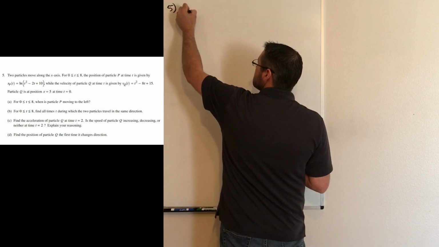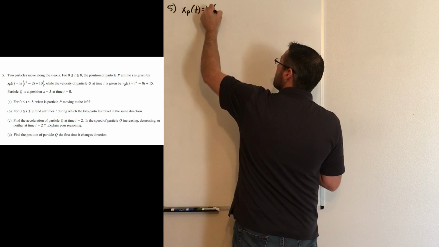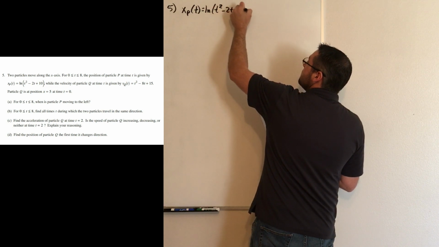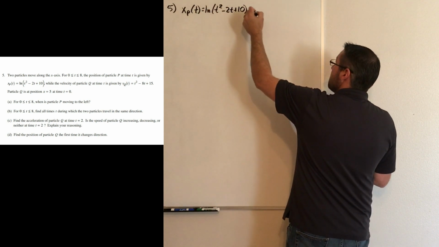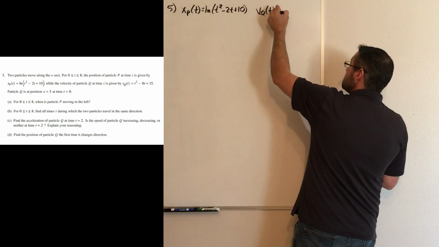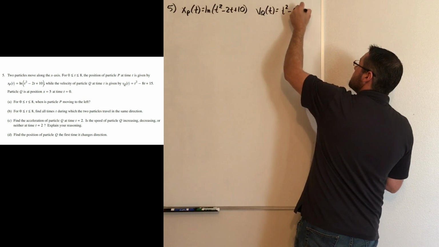I'm going to write this down. x of p of t is equal to the natural log of t squared minus 2t plus 10. And then it also tells us v of q of t is equal to t squared minus 8t plus 15.